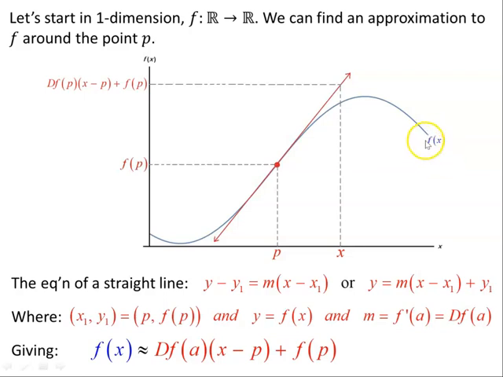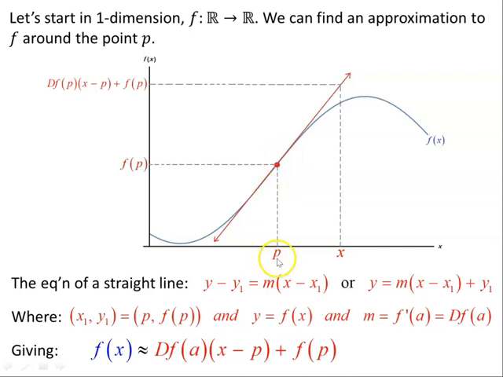But only at a point, because f of x is highly curved, and a linear approximation is just going to be this straight line here. But at the point P here, and for small values around P, that is a very good approximation.